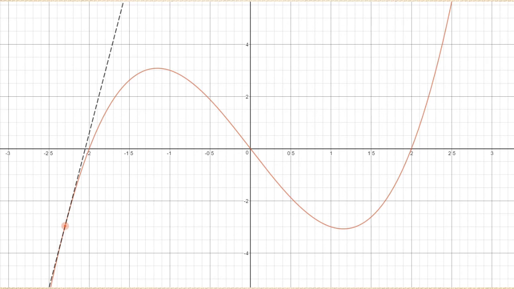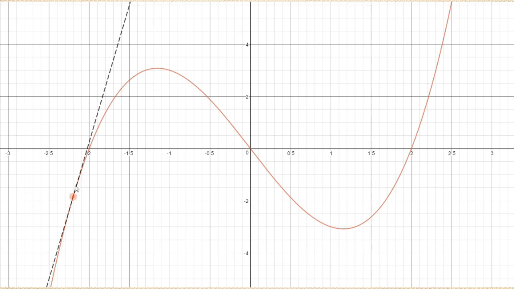Now let's look at this cubic graph. You want to see where the inflection point is. The black line here is the tangent at this red point. Is this gradient positive or negative?